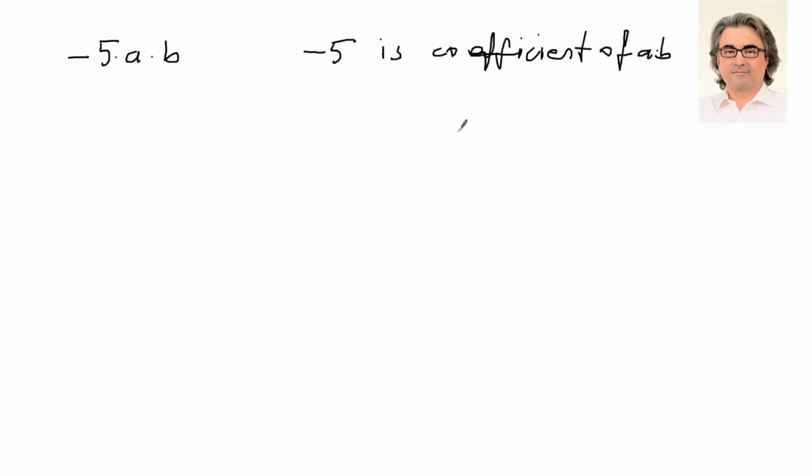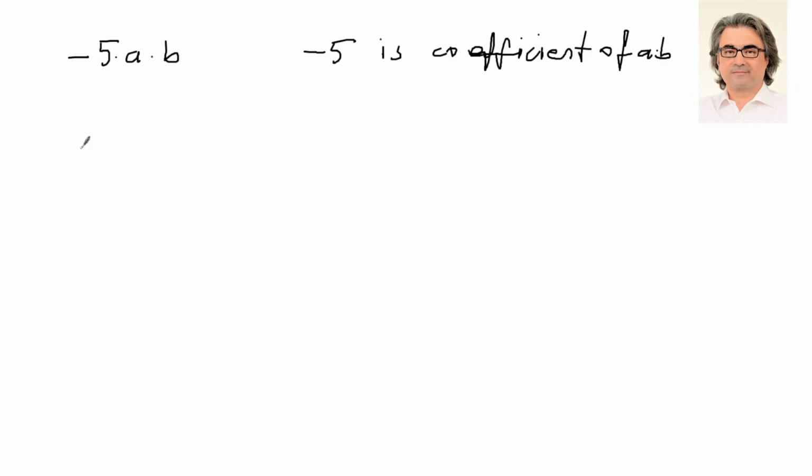Now minus 5 times a times b. This is another example. This is an algebraic expression and minus 5 is its coefficient. Coefficient of a times b. When there is no numerical factor in a term, its coefficient is taken as plus 1.